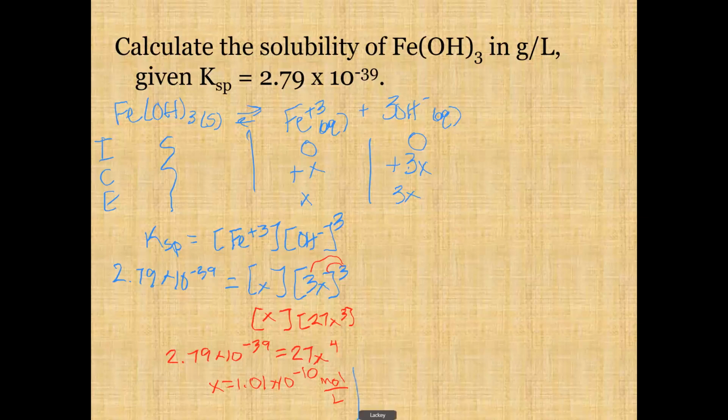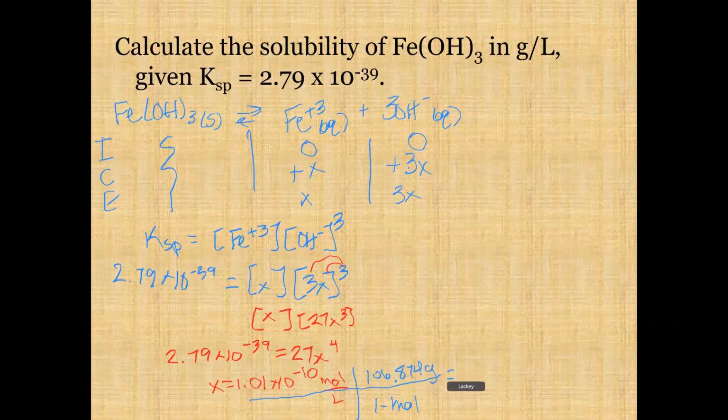So we can set this up with one little stoichiometry step, and 1 mole of the iron 3 hydroxide is 106.874, if I'm reading that correctly, grams.